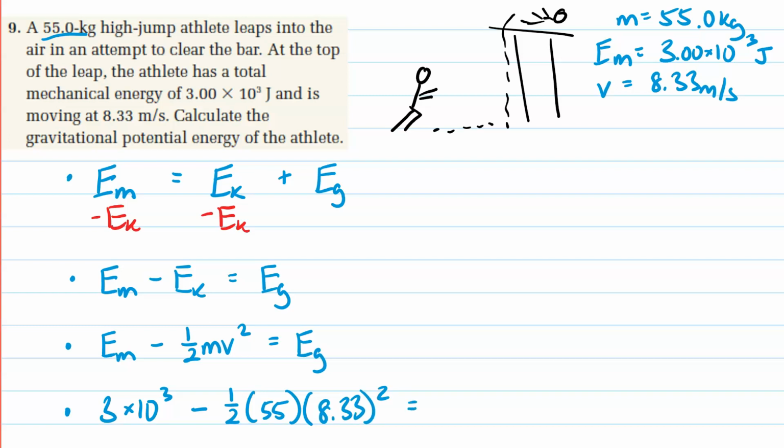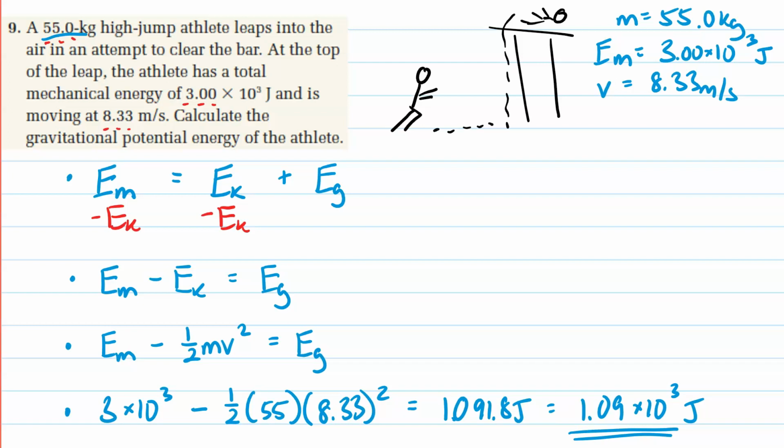That gives us our gravitational potential energy, which is 1091.8 joules. Now, if we look at significant digits, each of our pieces of data have 3 sig digs. So what we should do is write this as 1.09 times 10 to the 3 joules as a final answer.